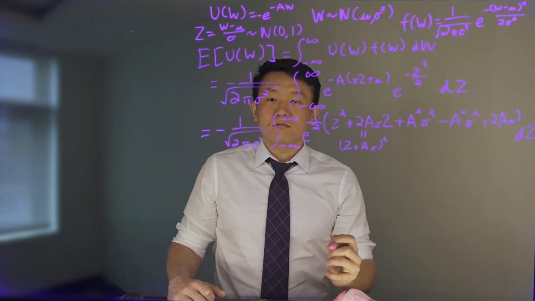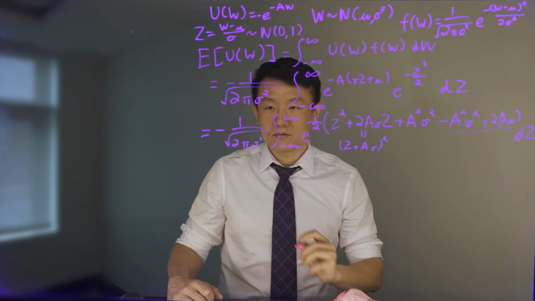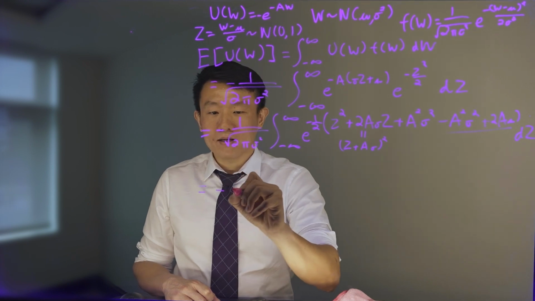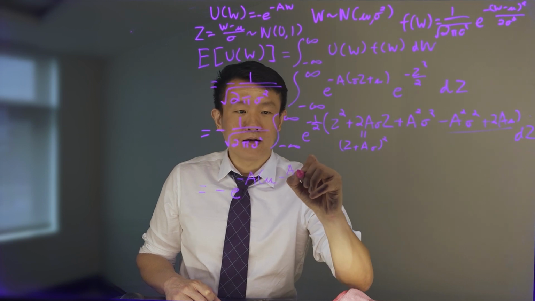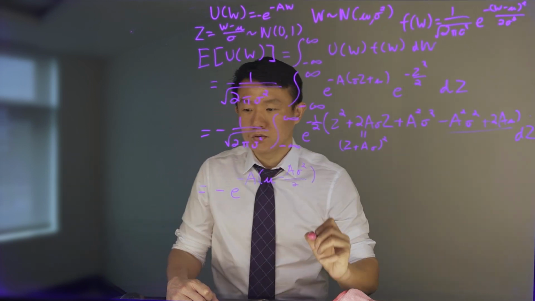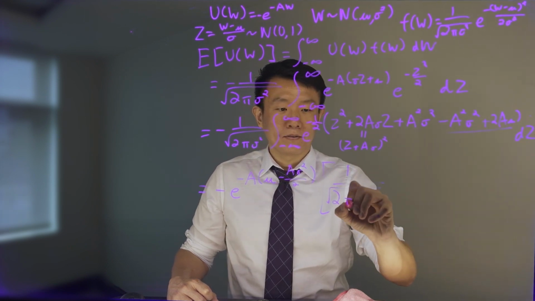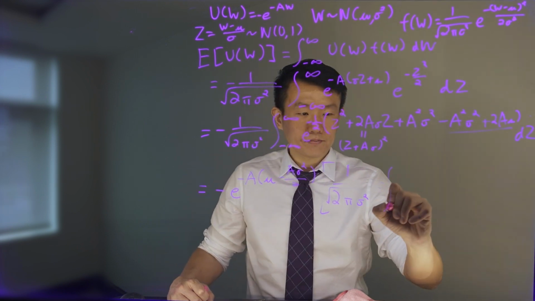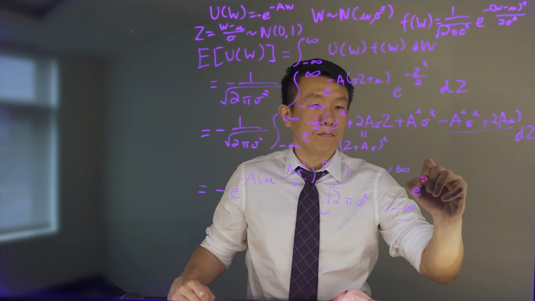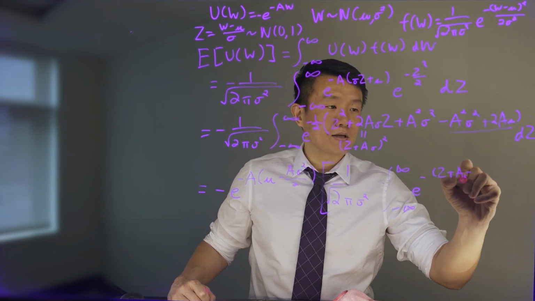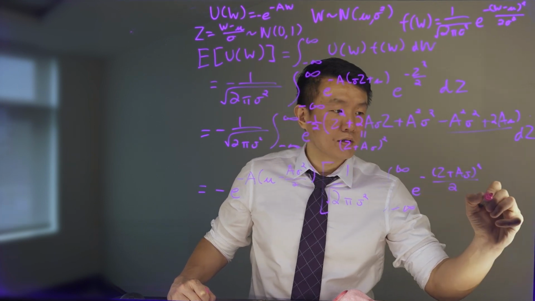What we can do now is pull out these two terms. That's going to give us minus e to the minus a times mu minus a sigma squared over 2, times the remainder. So I have this term in front again, and I'm integrating e to the minus (z plus a sigma) squared over 2 dz.